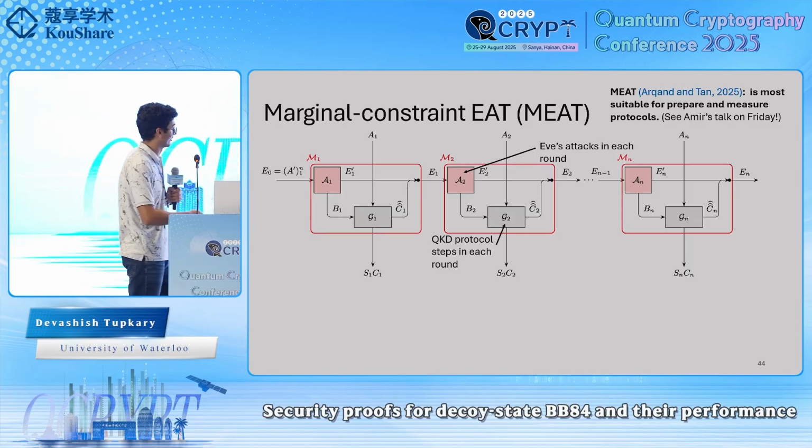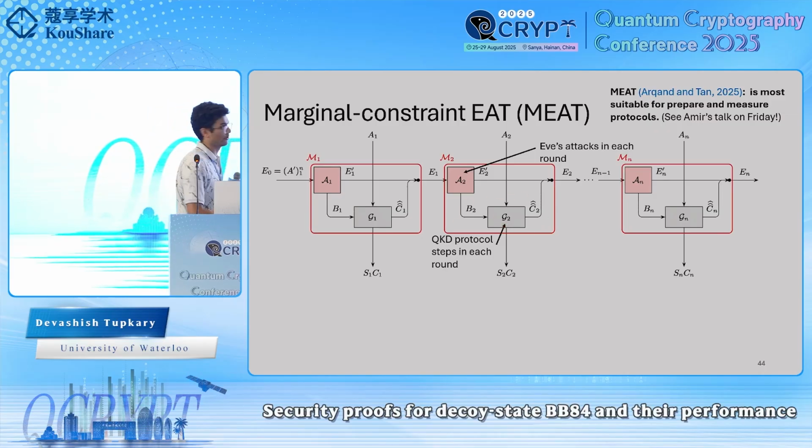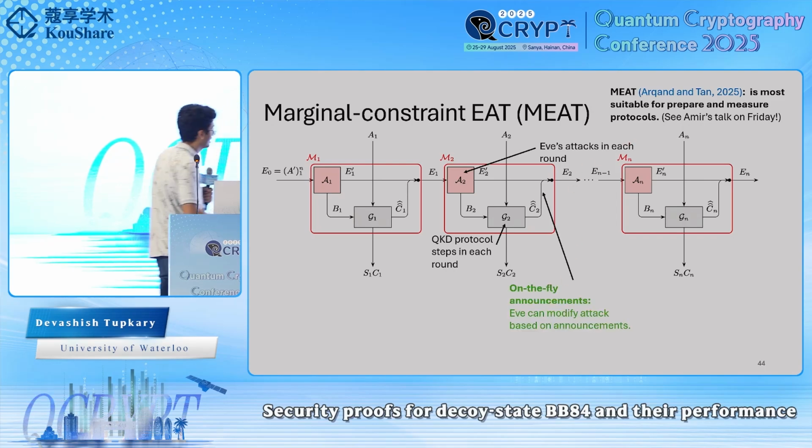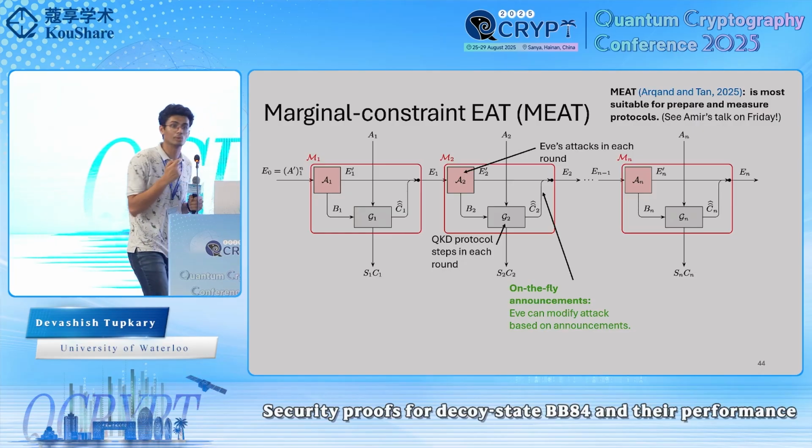Then in each round, the QKD protocol does the measurements on Alice and Bob, makes public announcements, does sifting, and produces the raw key register. And actually, you can also give all public announcements to Eve at this stage. And so she can now choose to use that information in the way she attacks the next round. So on-the-fly announcements are inherently included in this kind of channel structure.